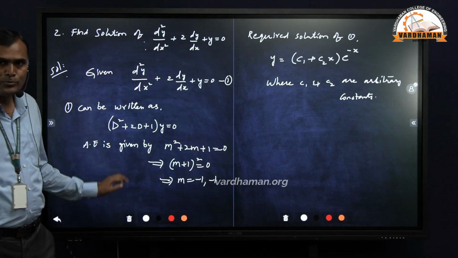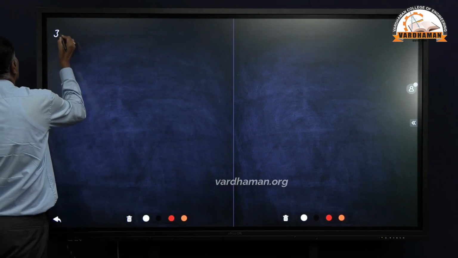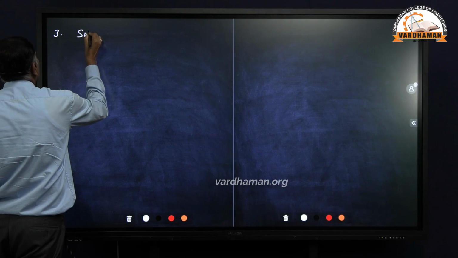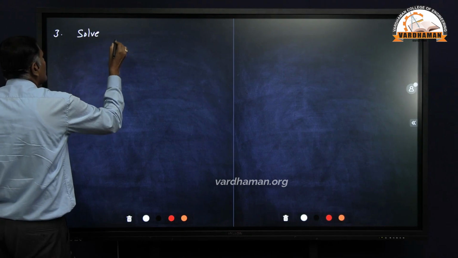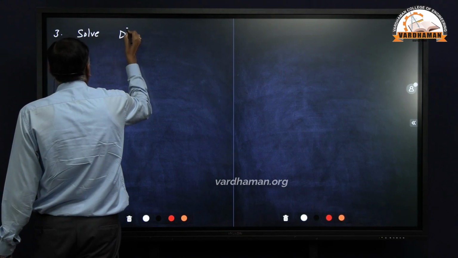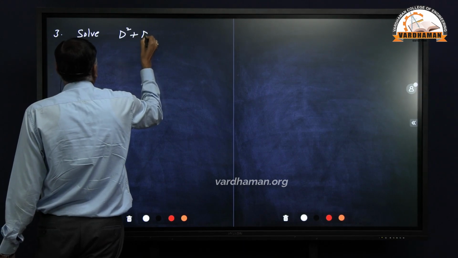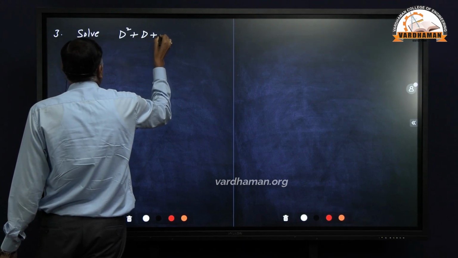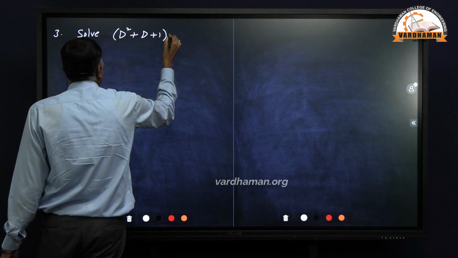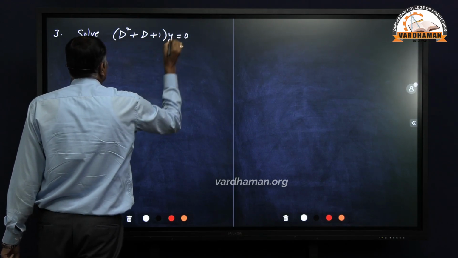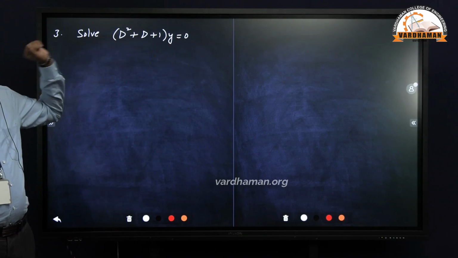Now let us discuss the next problem. Solve (D square plus D plus 1) y equals 0. Let us say this is the given differential equation.